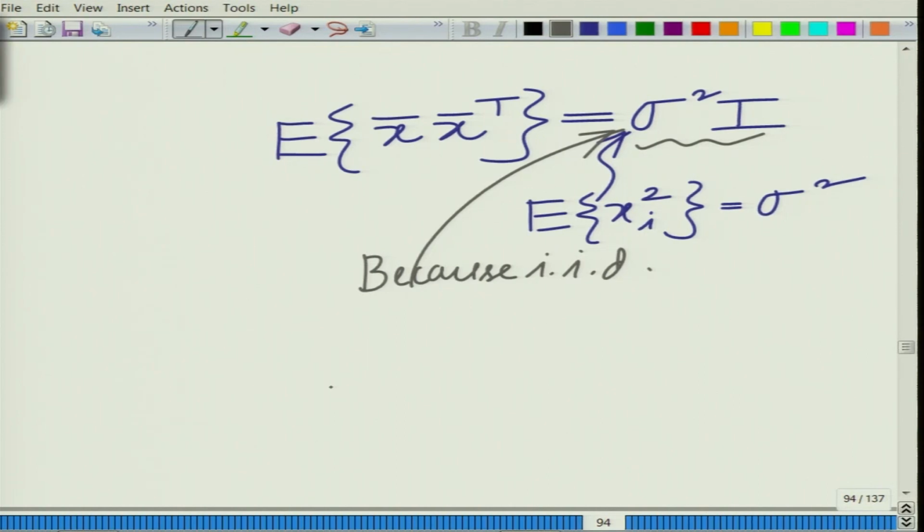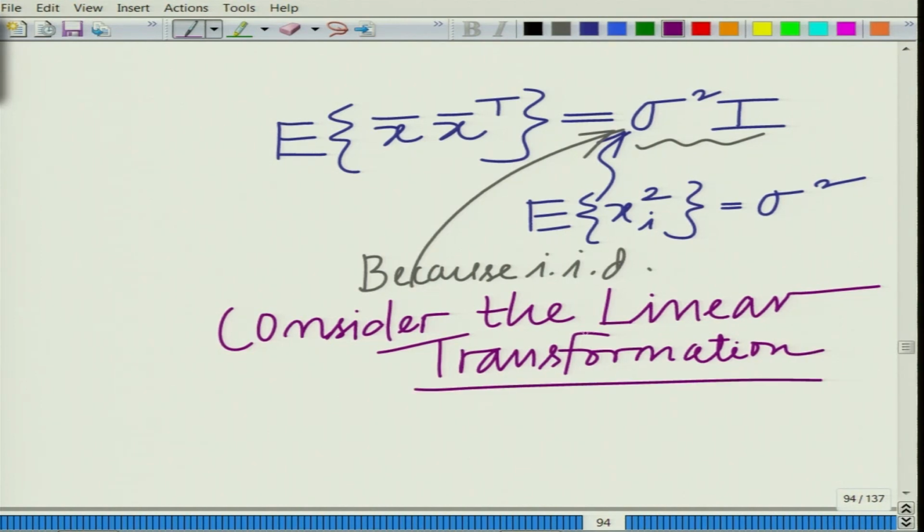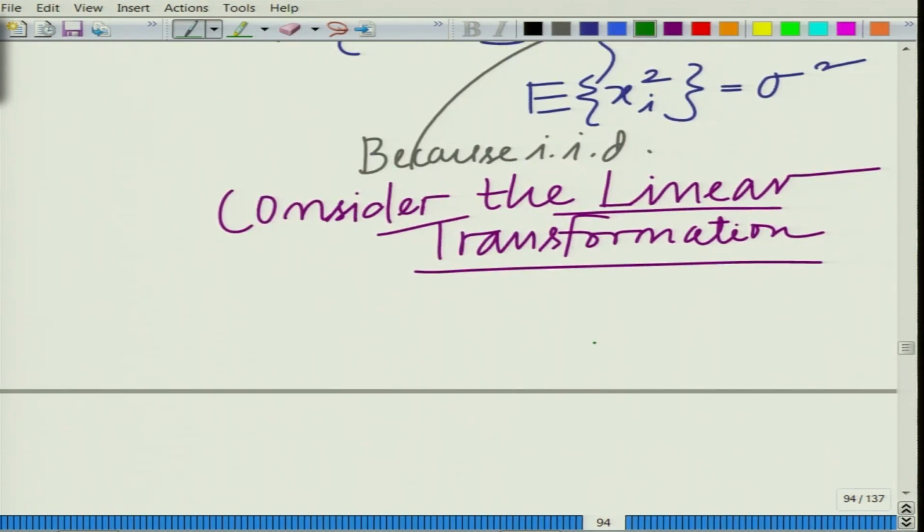Okay. Now, let us consider the linear transformation y equals summation i equal to 1 to n of ai xi, right.